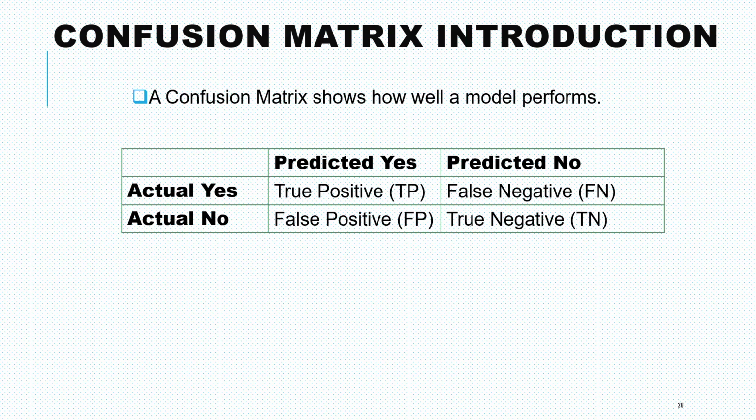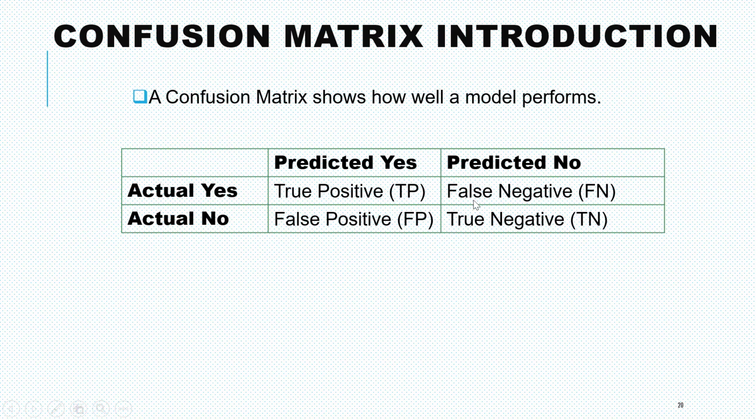If the actual is yes and the prediction is no, the predicted answer we are getting from the model says no, even though the actual is yes. The no is a negative response, and the answer it gave is also false because we're expecting yes.